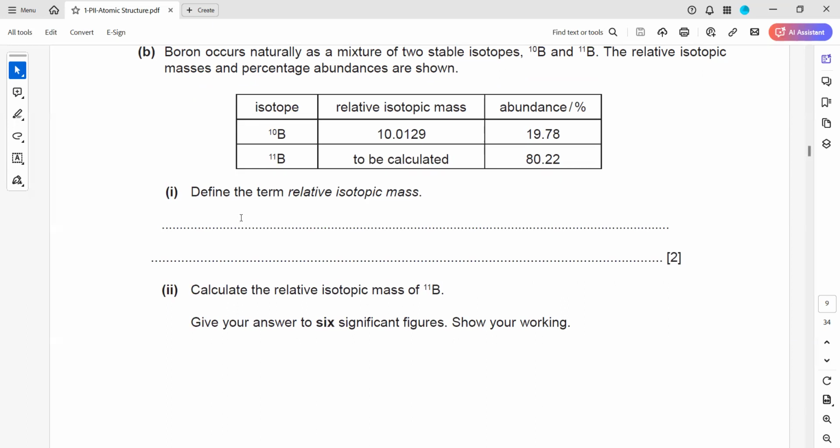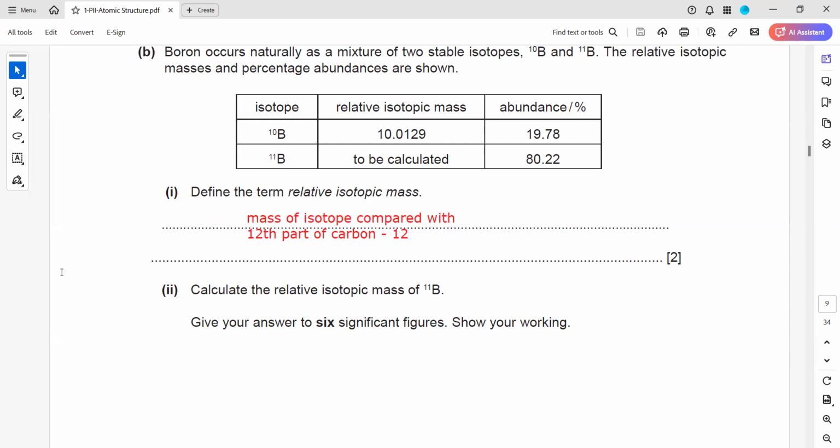If it is atomic mass, we write mass of an atom, but if it is isotopic mass, it is the mass of an isotope compared with the 12th part of carbon 12. This is the standard definition, you have to learn this.